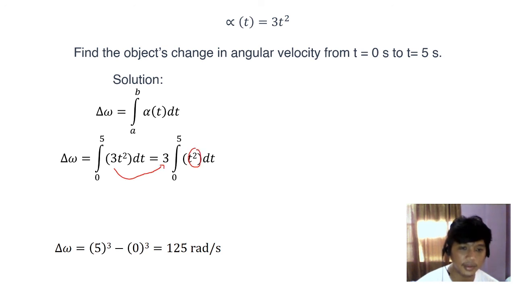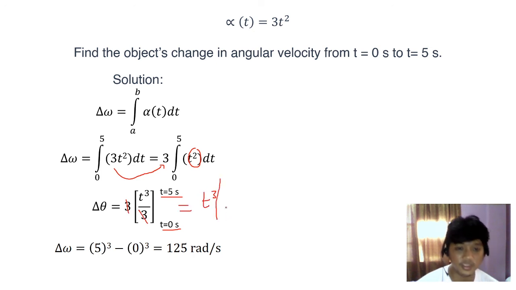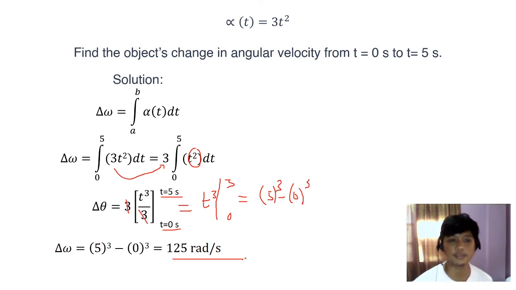And this t squared, if you remember the rule, will become t cubed over 3, evaluated from 0 to 5. So the 3 and the 3 cancel, and basically it's just t cubed, evaluated from 0 to 5 seconds. So it's 5 cubed minus 0 cubed, 125 radians per second. That's it. Thank you.